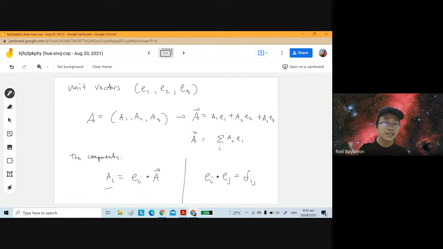Like I hat dot J hat is 0, I hat dot I hat is 1, J hat dot J hat is 1, and so on. So if I use E1, E2, then E1 dot E1 is equal to 1, while E1 dot E2 is equal to 0. Okay? So that's the unit vector.